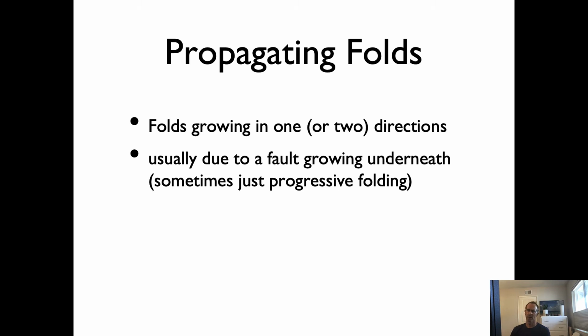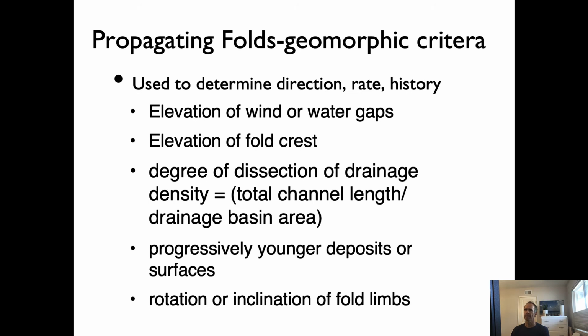But I want to talk about what we call propagating folds. These are active folds that are growing in one or two directions, so they're sort of laterally growing across the landscape. Again, this is usually due to a fault growing underneath the fold. However, it can also occur without a fault whatsoever, just progressive shortening of the crust creating this actively growing fold.